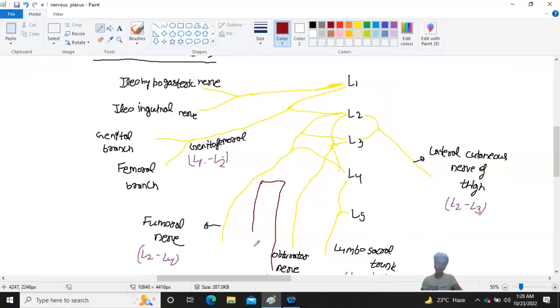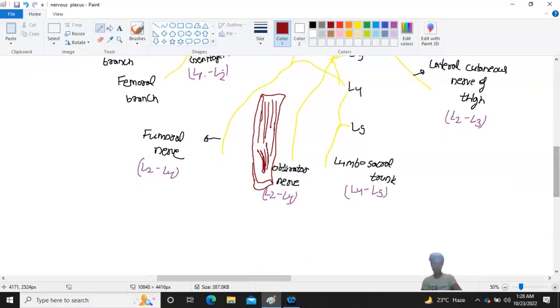This is called the psoas major muscle. So it has relations.